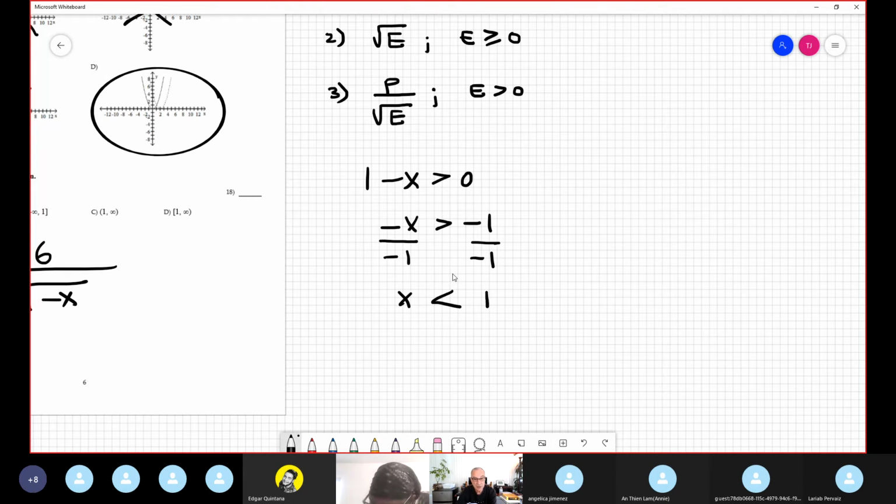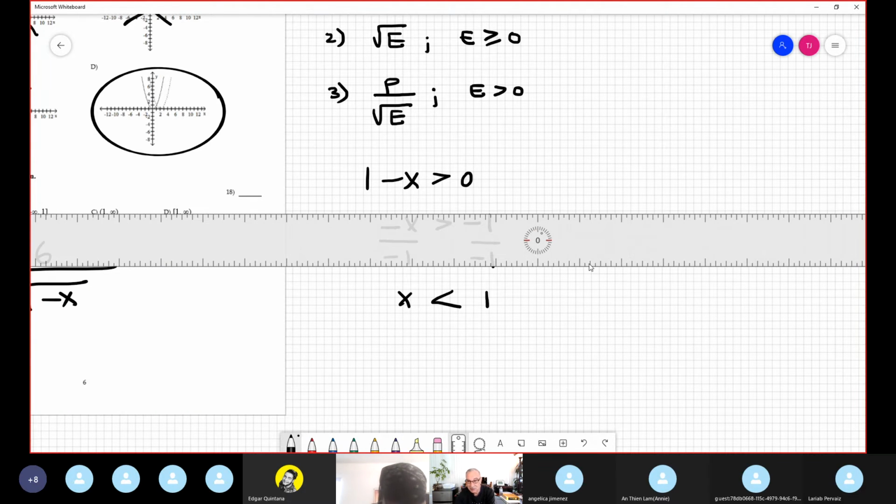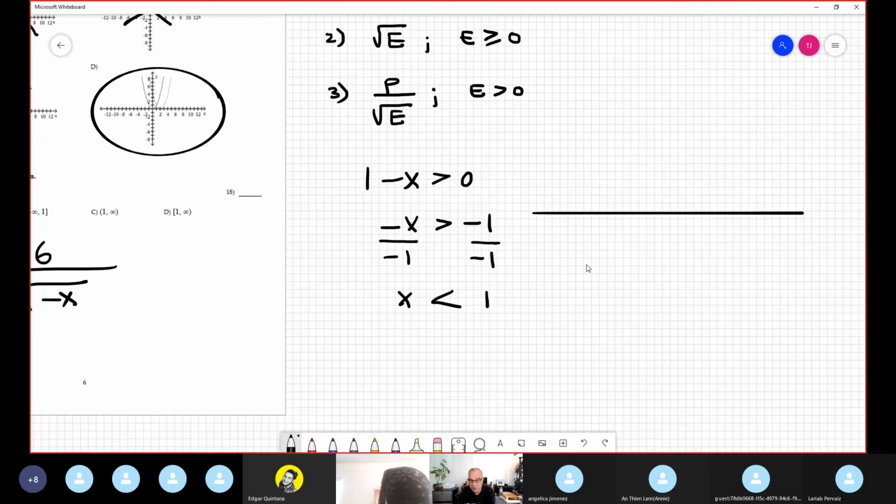And what they want is interval notation. Let's suppose this is negative infinity, this is 0, and this is 1. And this is to the left, because it's less than. Include 1?